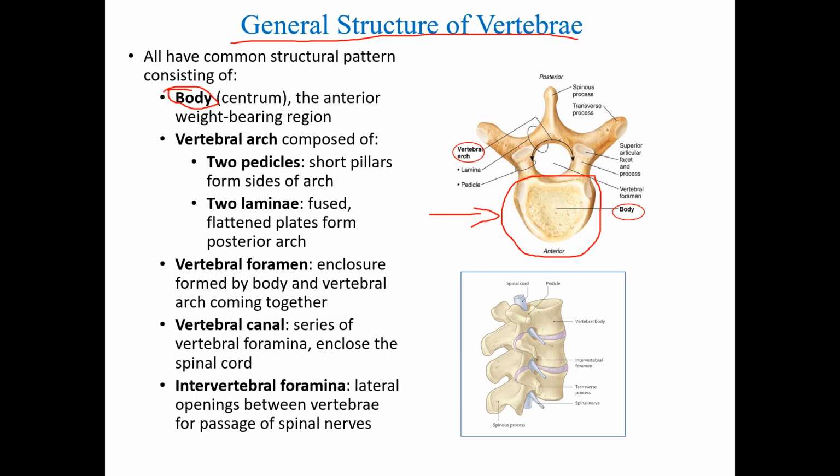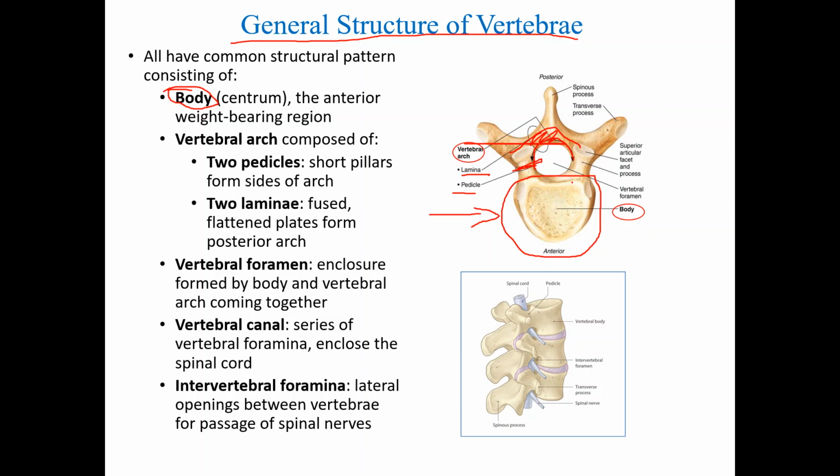Then we can recognize an arch, a vertebral arch, which is composed of two structures known as the lamina and the pedicle. So the lamina is this portion here, and the pedicle is this portion here, and all together they form this arch, the vertebral arch.